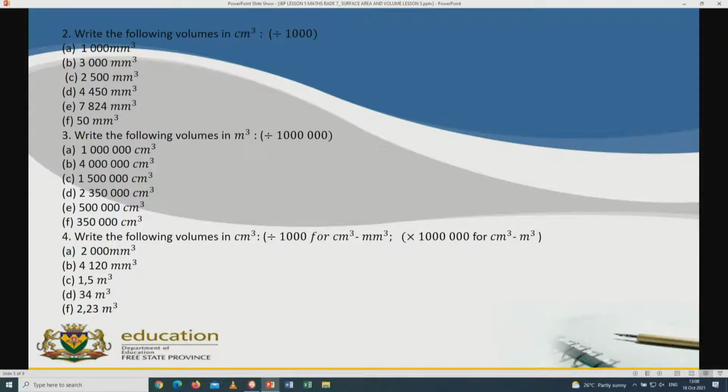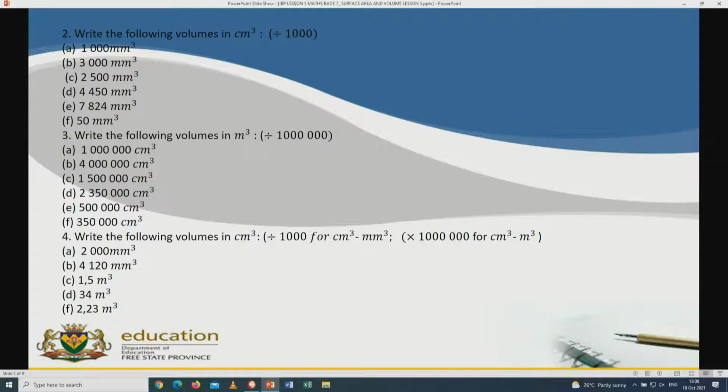We are now converting cubic centimeters to cubic meters. And therefore, what is the hint? We will divide by what? By 1 million.